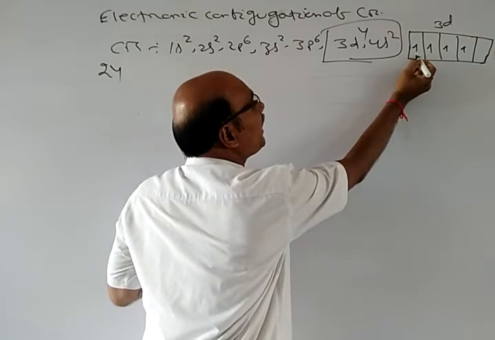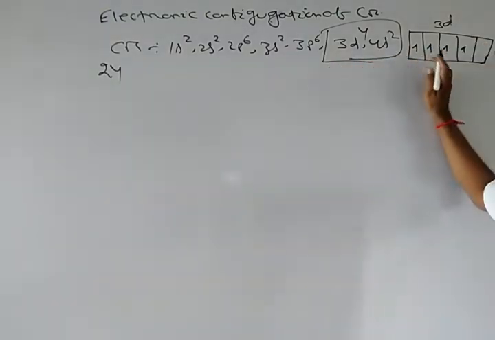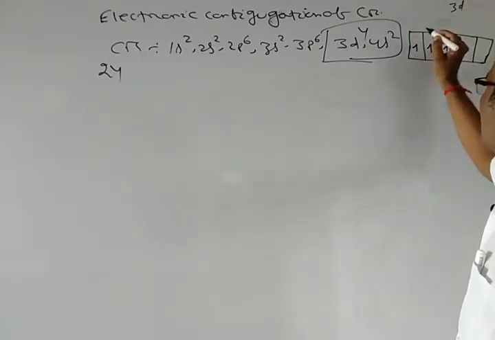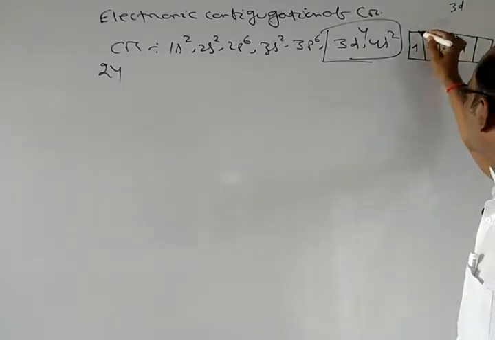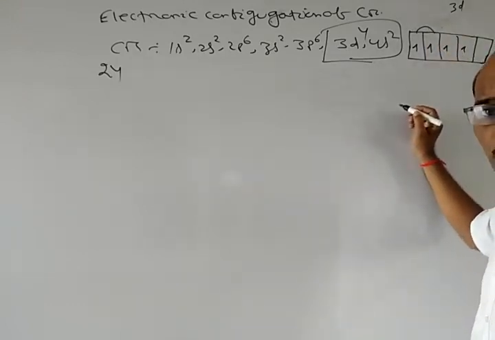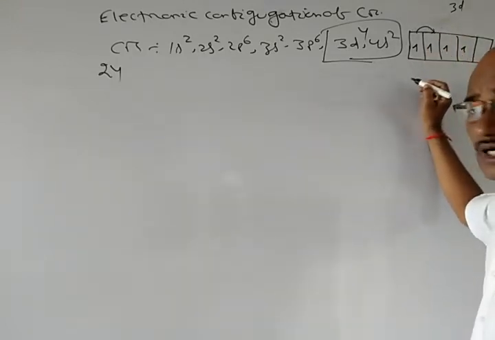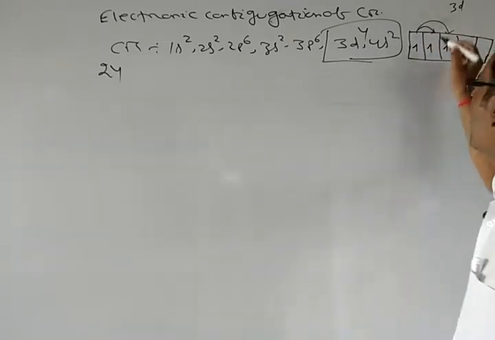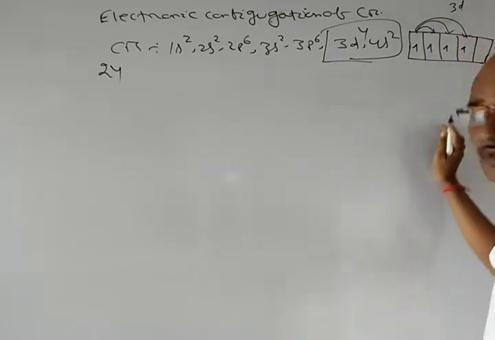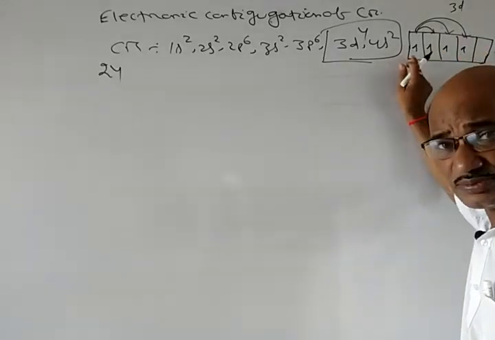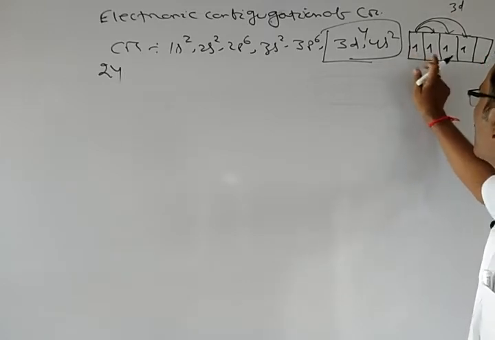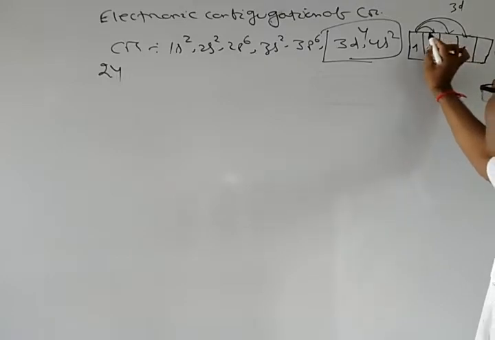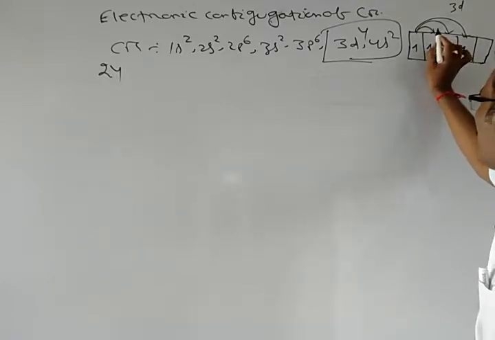This one and this one are equivalent, so this can exchange its position to this one, or this may exchange to this position, or this may exchange to this position. That means the electron in 1 can go to 2, can go to 3, can go to 4. That means 3 exchanges can be done with this electron.